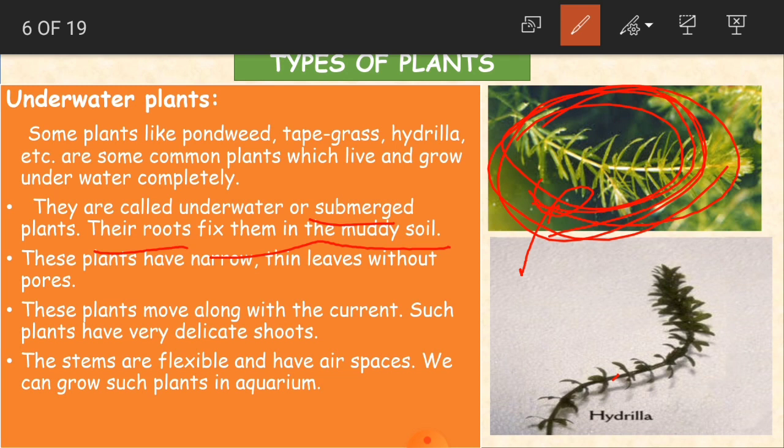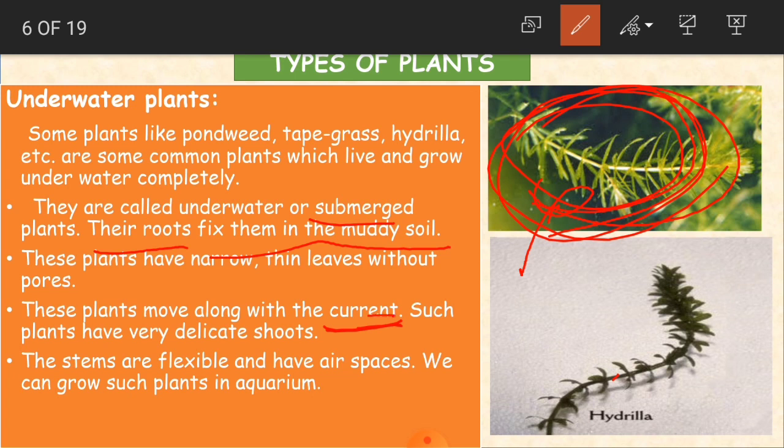Okay. These plants have narrow, thin leaves without pores. In this sense, they don't have any holes. They have very thin leaves. These plants move along with the current. In the sense, what is current here? Like as we have electricity, we call it current.